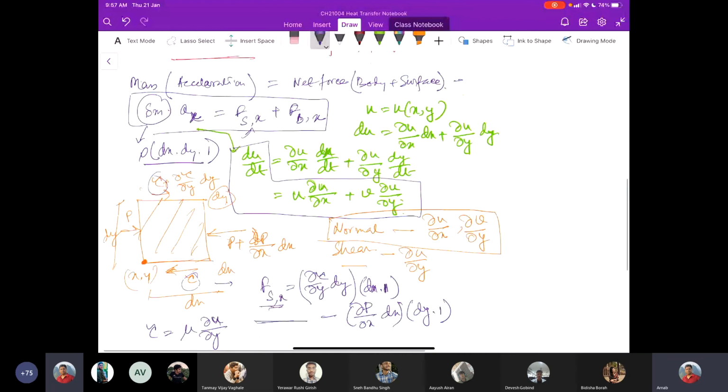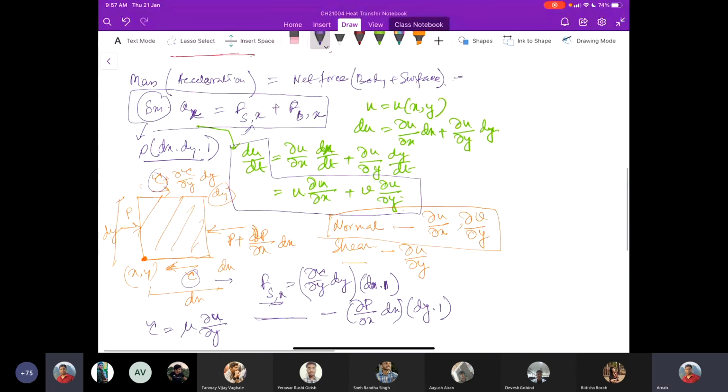All these things we apply there, and we divide both sides by the element del x del y, and remember here ax, the acceleration, is of this expression.